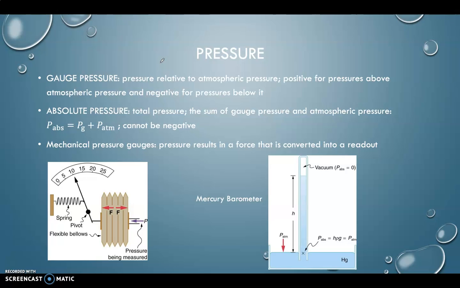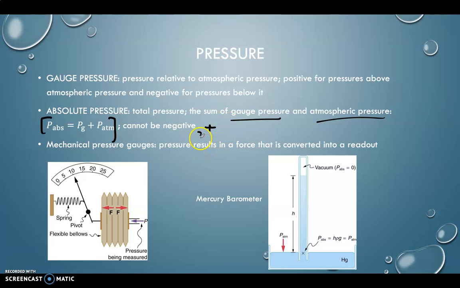Then we have absolute pressure, which is also called total pressure. It's going to be the sum of gauge pressure and atmospheric pressure. Since we are adding these two pressures, it can't be negative, so it's always positive.